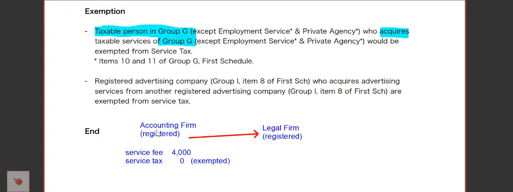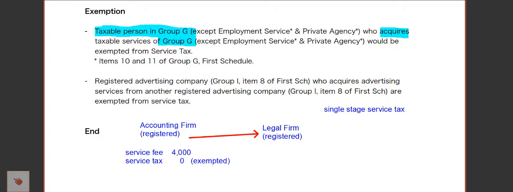That's it. That is to again allow the operation of single stage service tax, so that when the legal firm bill their customer, they will just add on whatever 6% on all the services that they provide. So the accounting firm will not charge them. Just remember that. Okay. Now only for those person in group G, except employment service and private agency.